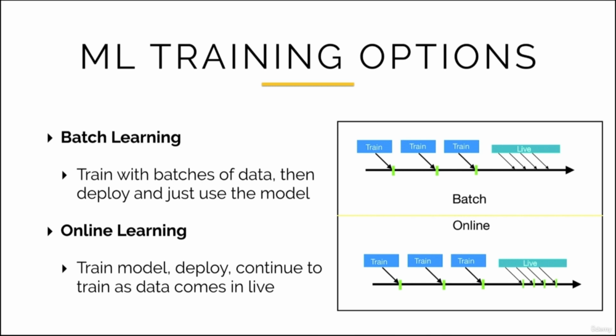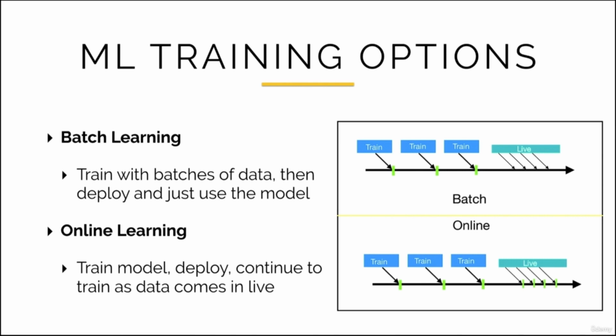The big difference between the two is that with batch learning, and you can see that on the image on the right, you train your model beforehand. You have batches of data that come in, chunks of data. These could be smaller subsets or huge sets of data that you train your model on, and basically every green vertical line that you see there is a new model being created.